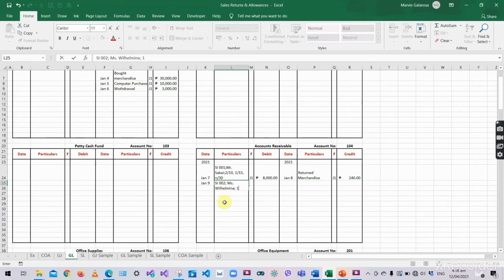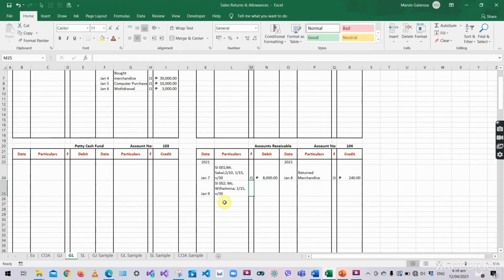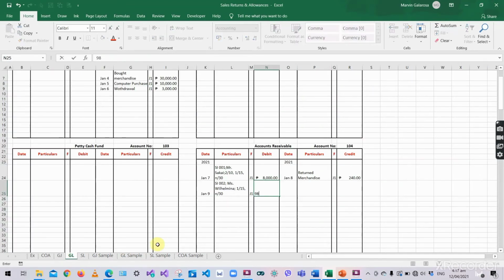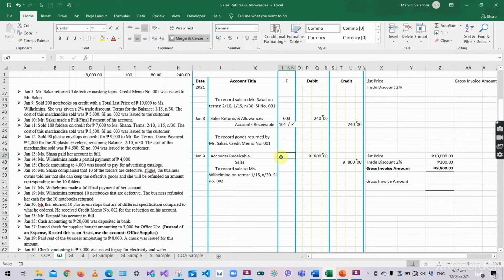Terms 1 over 15 and over 30. Journal 1. Debit is 9,800. And then, kunin mo yung account number 104. So, posted na siya sa General Ledger, 104.